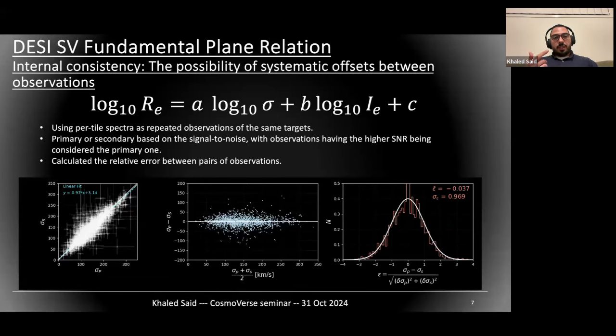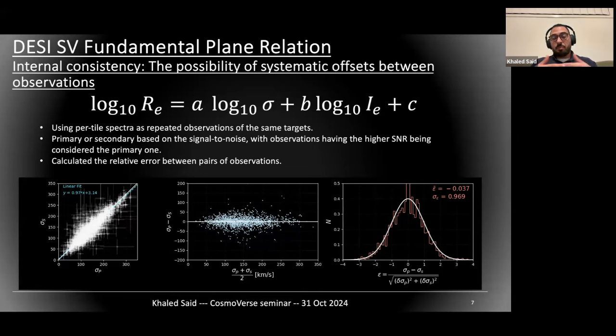The second question is: do we have any systematic offset in our sample? Do we have a plate-to-plate offset or tile-to-tile offset? So instead of taking the full depth of our spectra, we take the individual tile spectra. We have the same target that has been observed many times.